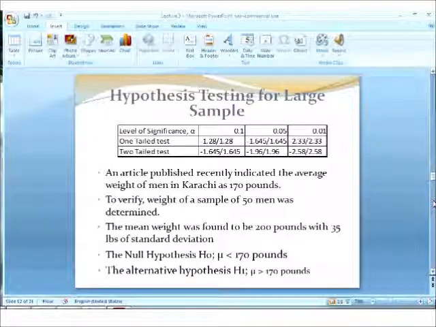You, being in an industry, maybe the police force, or the people in national highways, or the government, want to see whether whatever is published is correct or not. So they make their own hypothesis.